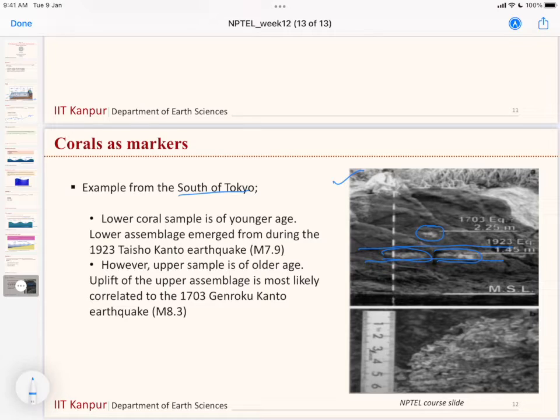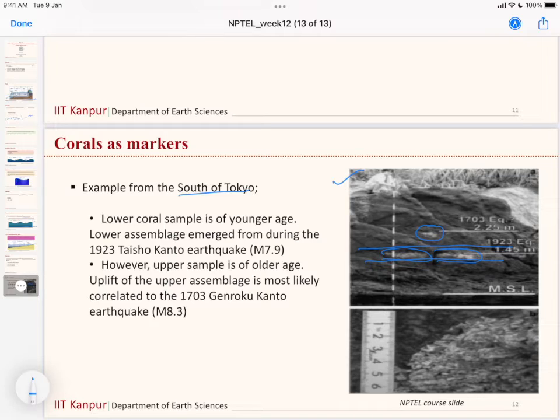Now what they did was the dating. From the dating, they got to know that this lower patch has an age of around 1923, which correlated with an earthquake that happened in 1923. But the interesting phenomenon is that the upper assemblage has a higher age.